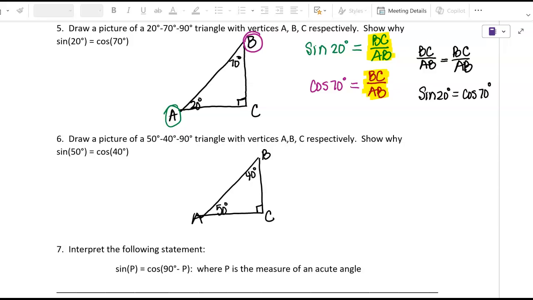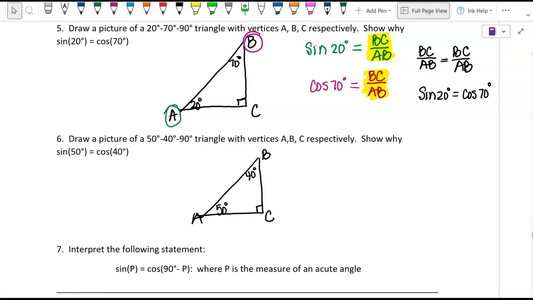So again, as we saw in number 5, the sine of 50, so angle A, here is my reference angle when I'm doing the sine of 50 degrees.